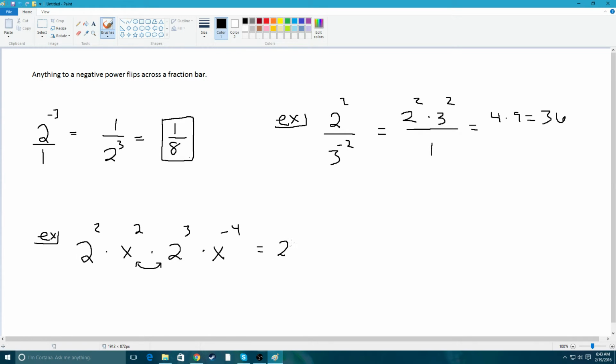So I get 2 to the second times 2 to the third times x to the second times x to the negative 4. So 2 to the second times 2 to the third, that's 2 to the fifth.